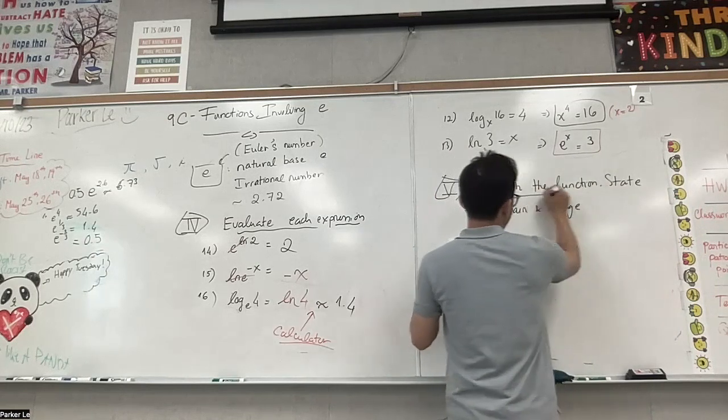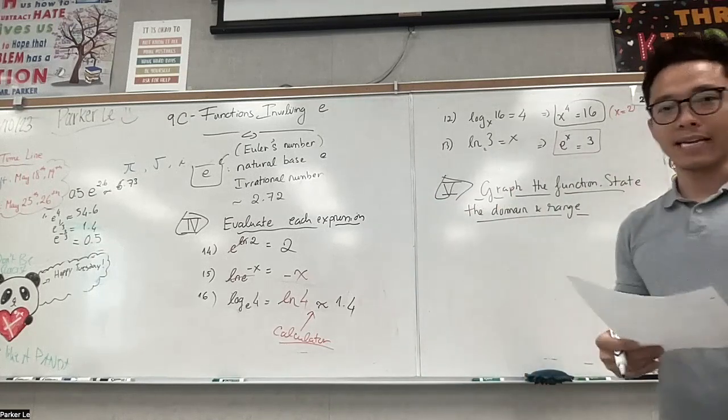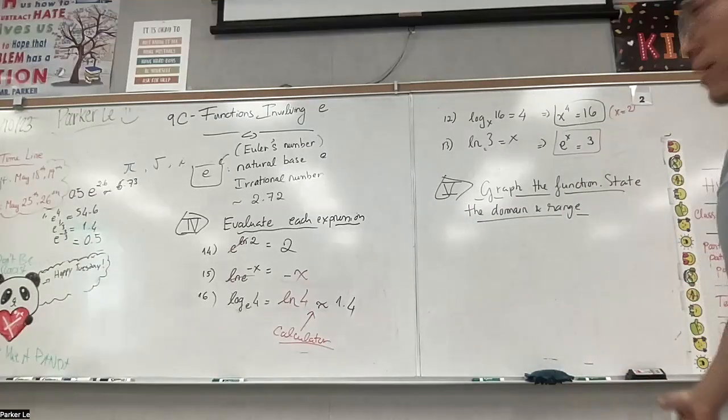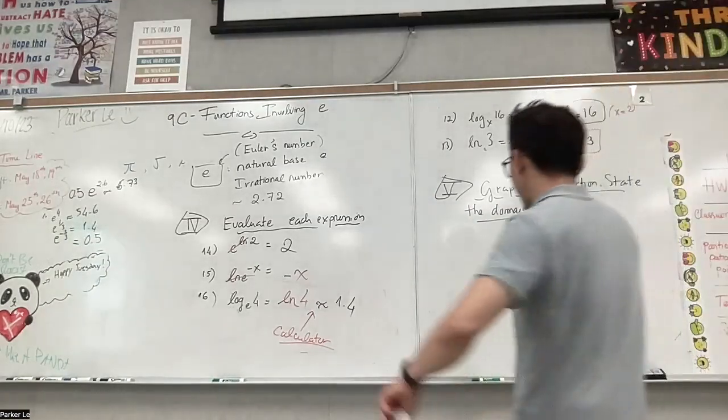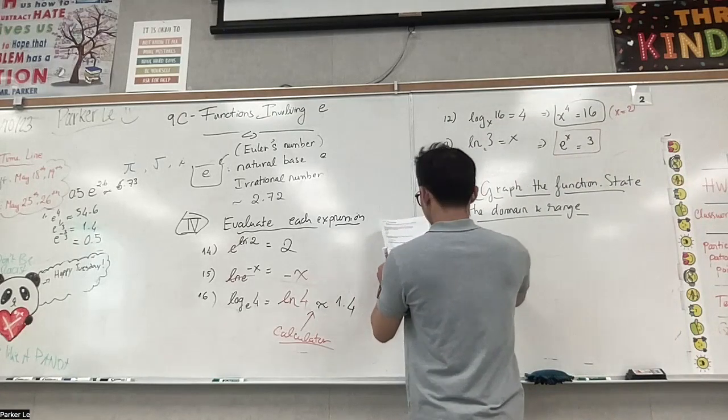Part 5 is wrapping. It's very similar to the one we learned in 9A, 9B, the one we just did the quiz on. Yes, same thing. That's why we learned 9A and 9B before this. So number 17.